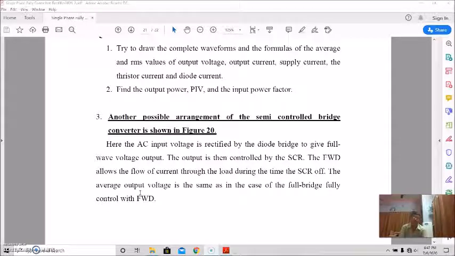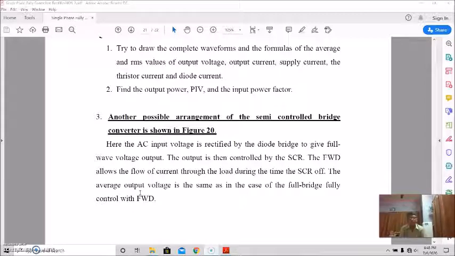Here the AC input voltage is rectified by a diode bridge to give full voltage output, and then the output is controlled by an SCR. Basically the rectification part is done by the uncontrolled diode bridge rectifier, we are getting full output voltage, and then it is controlled by the SCR.